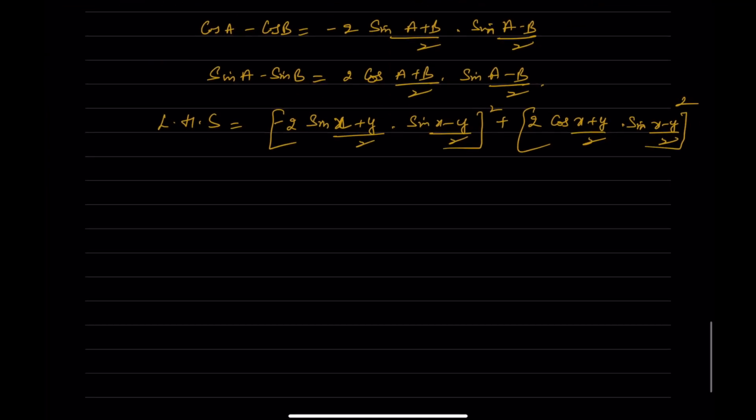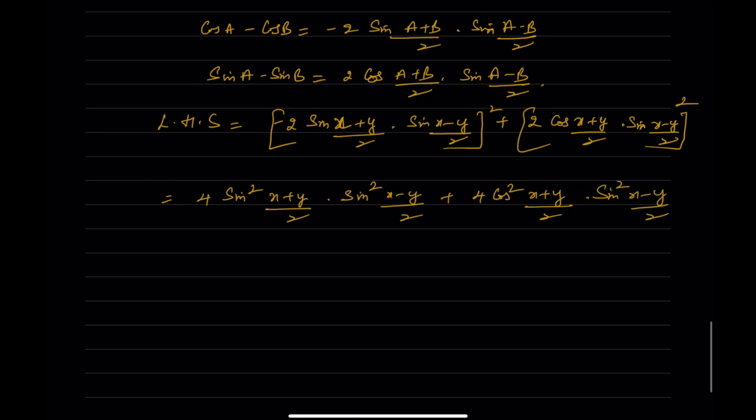So which is equal to, we are going to get it as 4 sin square (x plus y by 2) into sin square (x minus y by 2) plus 4 cos square (x plus y by 2) into sin square (x minus y by 2).